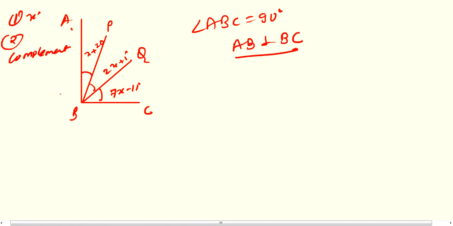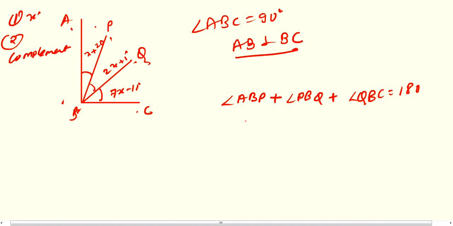The first one is angle ABP plus PBQ, then third is QBC equals to 180 degrees. Now ABP is x plus 20, plus PBQ is 2x plus 1, then QBC is 7x minus 11 equals to 180.